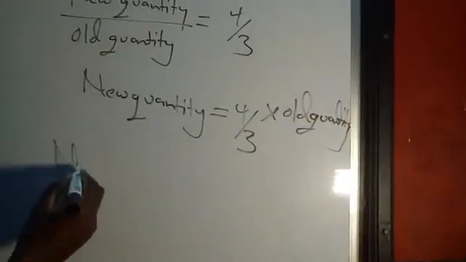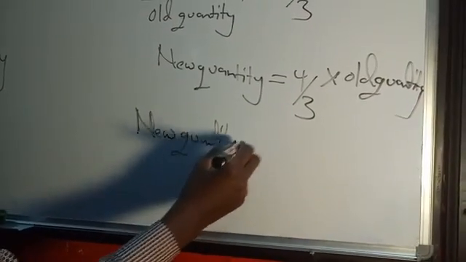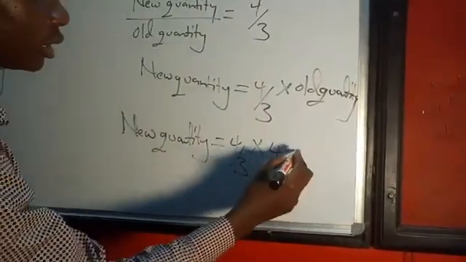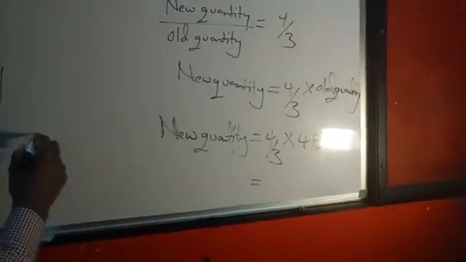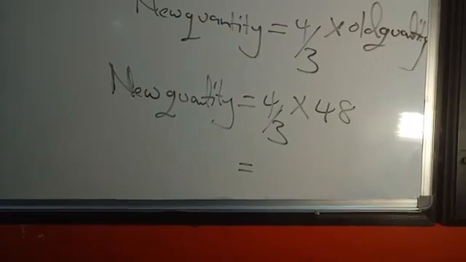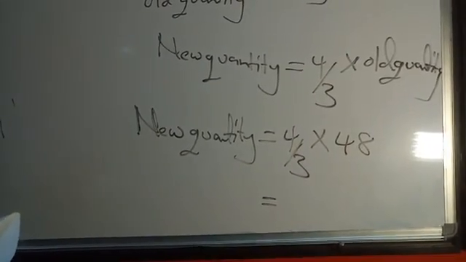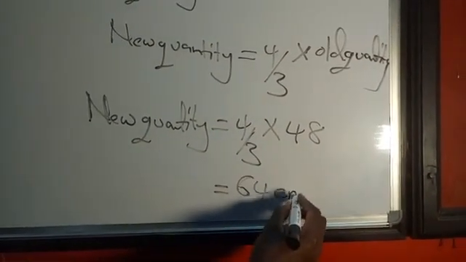So our new quantity will be equaling to 4 over 3 times our old quantity, which is 48, getting our answer, which is 64 centimeter cubed.